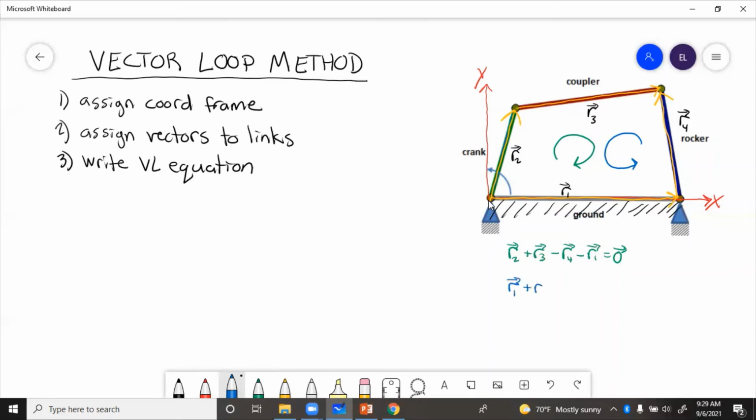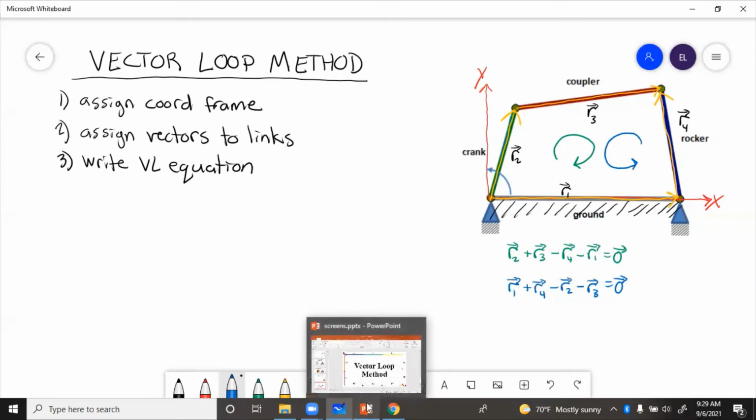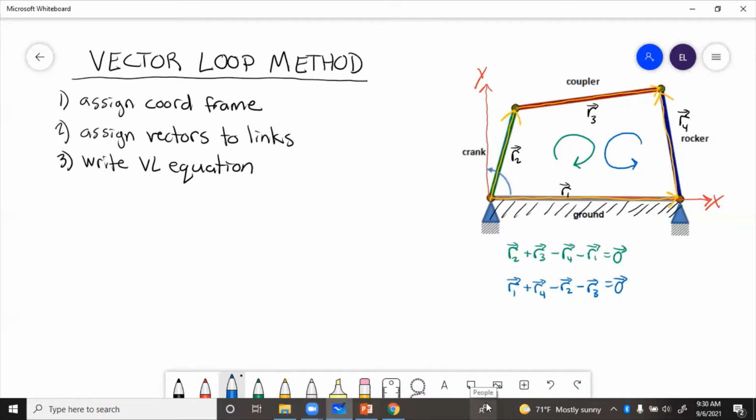R1 plus R4 minus R2 minus R3 equals 0. And you see these equations are both correct. It just depends which way you went around the loop because they both add up to 0. Now think about basically if you just moved all of the stuff on the green equation to the other side, then you would get the blue equation. So those are equal.